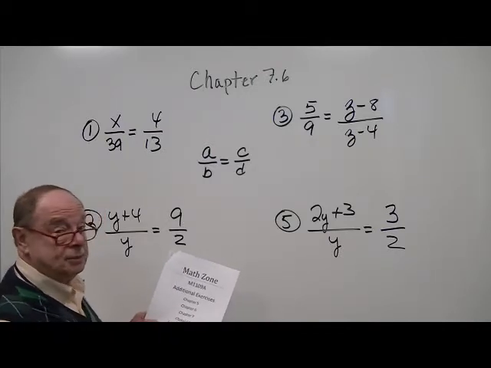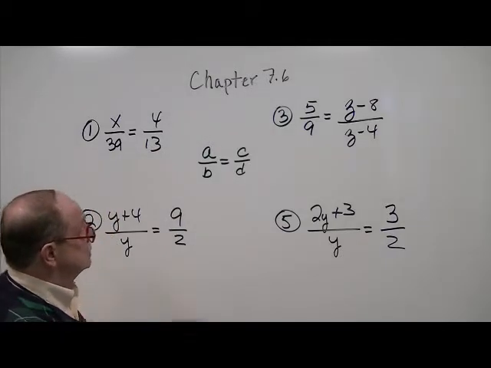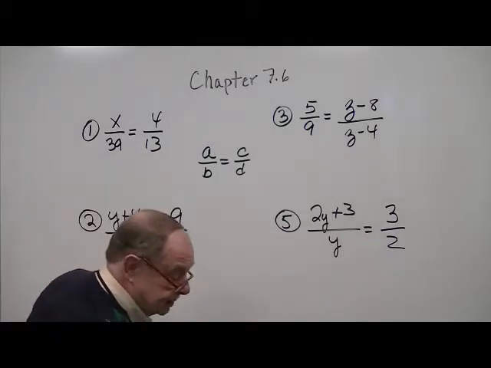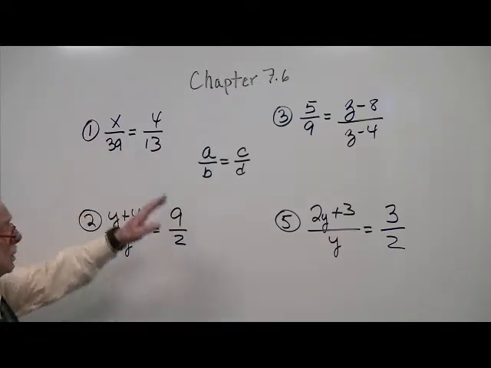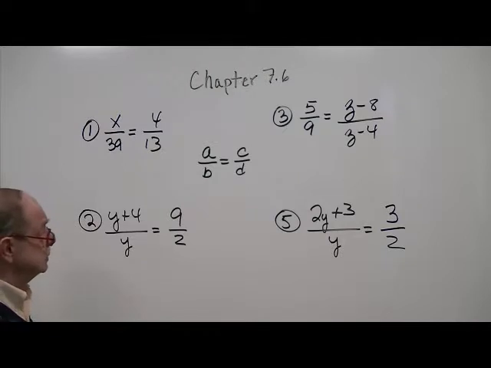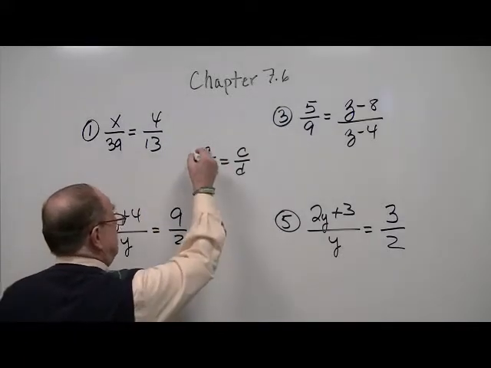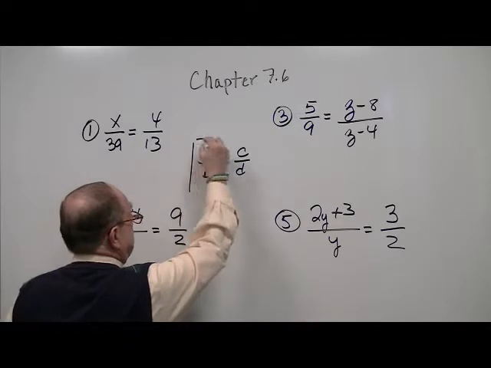We still have Chapter 10 to do, but we're going on to topic 6, which is, again, working with rational equations that are in the form of fractions. Now, there is a special case that all of these equations relate to, and I have that here in the middle.